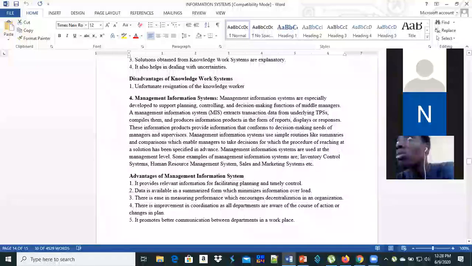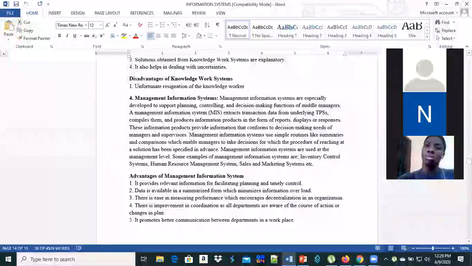So with the management information systems, they are developed to support planning, controlling, and decision-making of middle managers. I was using the transaction processing system to explain before Prince raised his hand. With the transaction processing system, they are used by those at the operational level, the very low level. So let's say Lecture Mall.